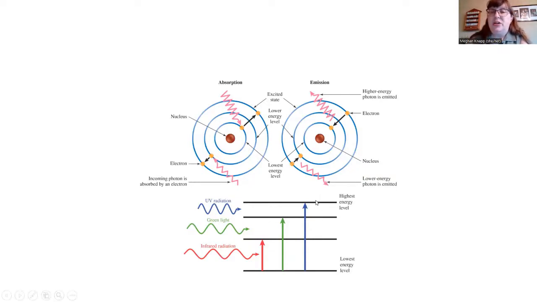So based on those two factors, you might have different colors of light. So you might get green light if we have a transition between these two energy levels, red or infrared going between just one energy level because it's lower energy, or ultraviolet radiation if we're doing a whole bunch of energy levels. So more energy levels means more energy.